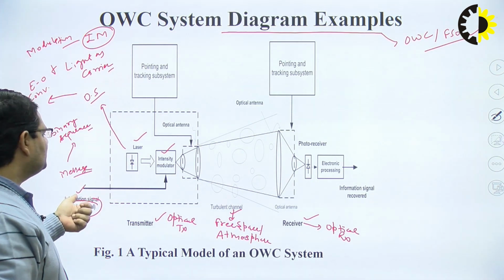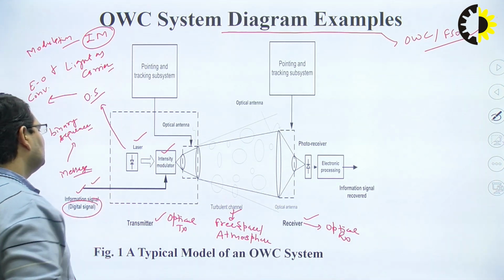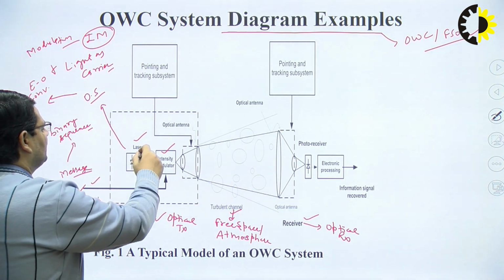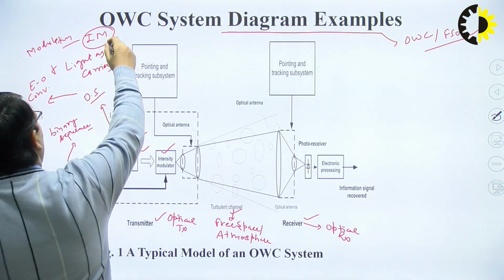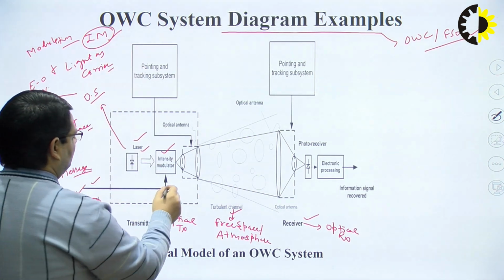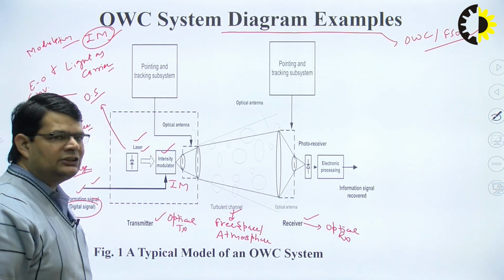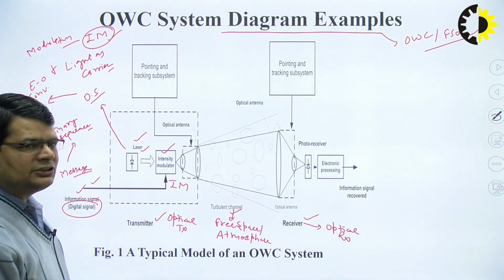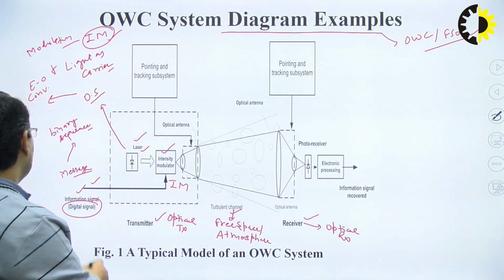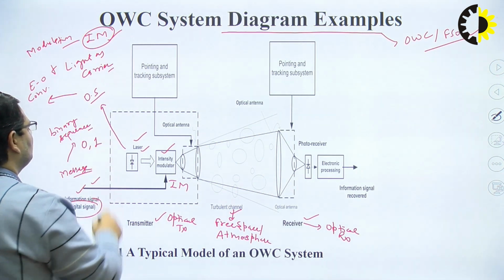Then the information signal is provided. According to the information signal, the intensity of this optical source is varied, that is, we perform the intensity modulation. That is, the intensity of carrier or light is changed in accordance with the information signal or message signal. For example, if it is a digital form, the message will have either 1 or 0.